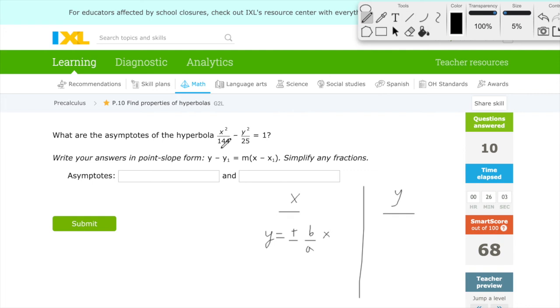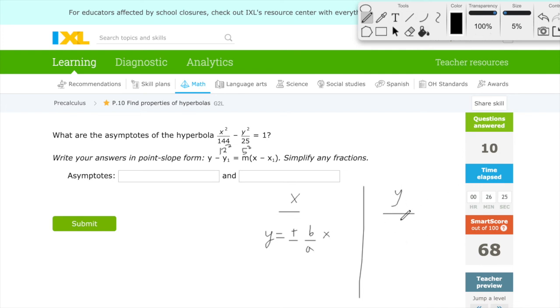So remember, a squared and b squared, so this is going to be 12 squared is the same thing as 144. You can't see that very well. 25 is the same thing as 5 squared. So our a is 12 and our b is 5.